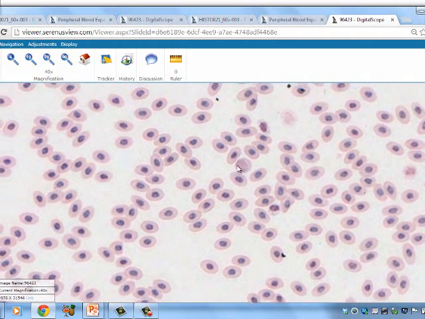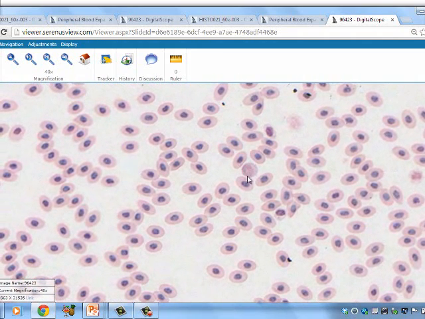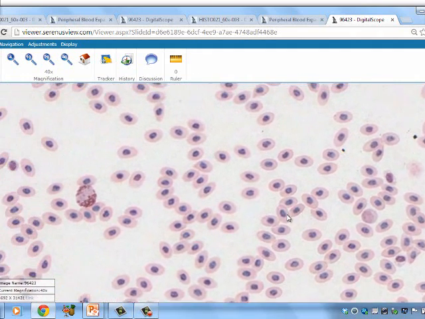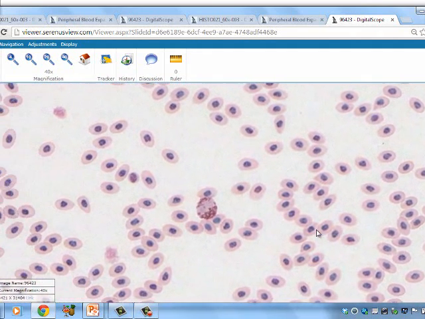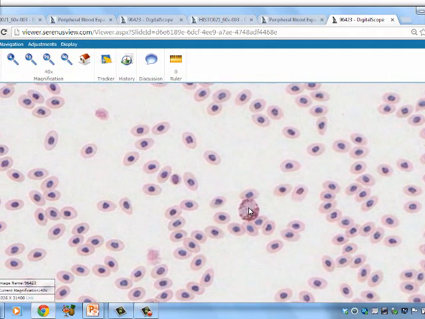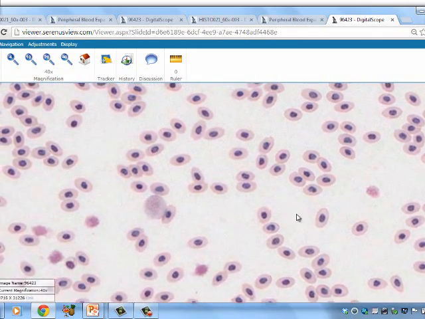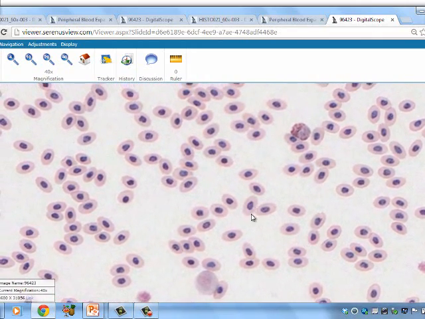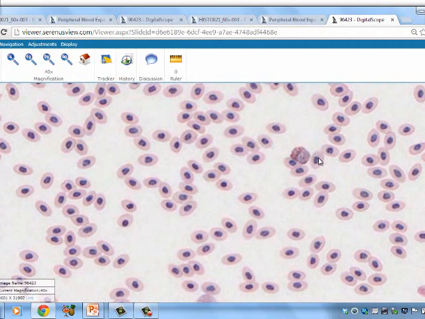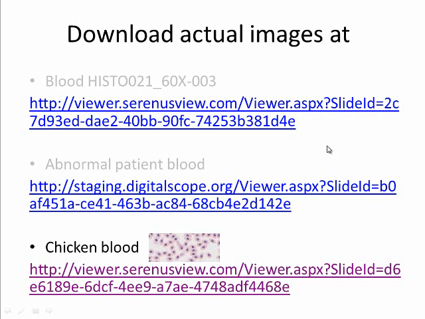We don't really distinguish those. There's another one there, a spherical one. It looks like it could be a lymphocyte if that was mammalian blood, but I don't know what it's called in chicken blood. What we want to see here is that there are different cells in chicken blood, and the red blood cells are nucleated and kind of oval. That's what we want to see.